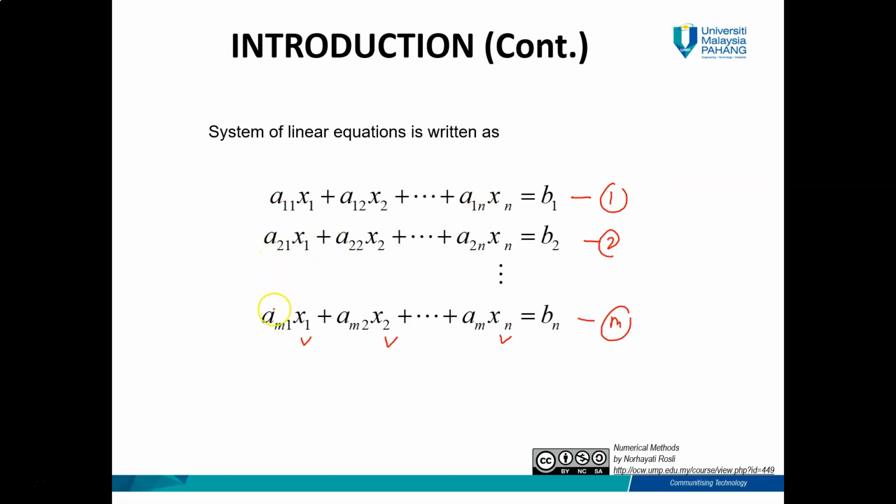Each x has its own coefficient, and it is equal to some constant, which we write as b1, b2 up to bn. So this form we call a system of linear equations.